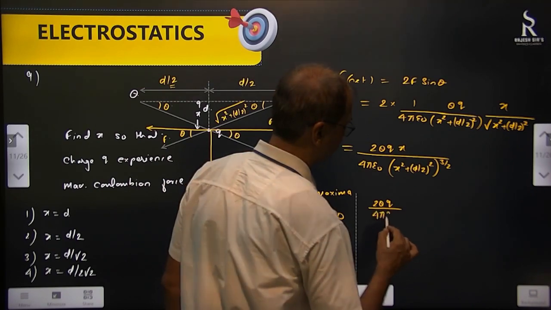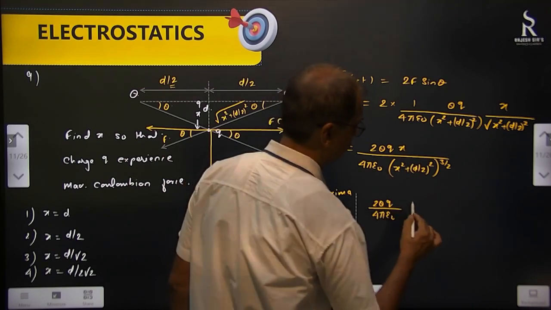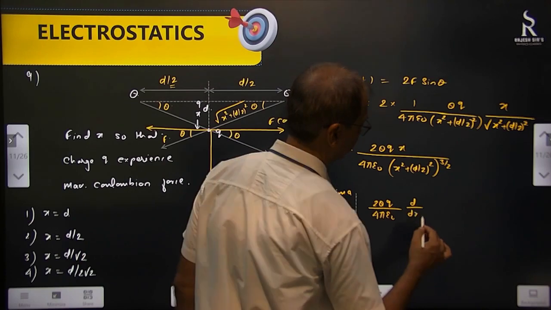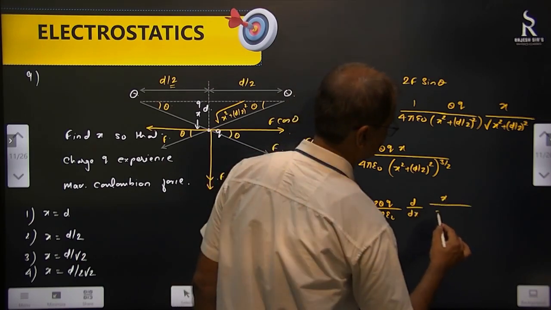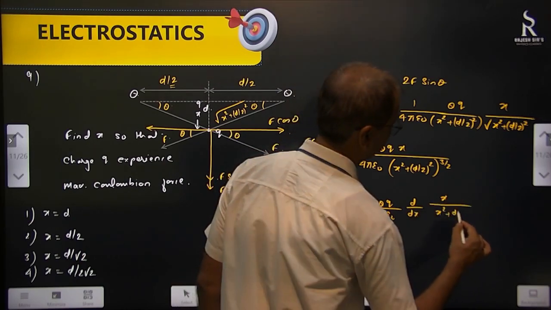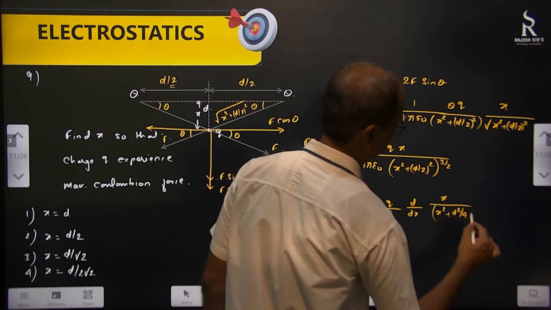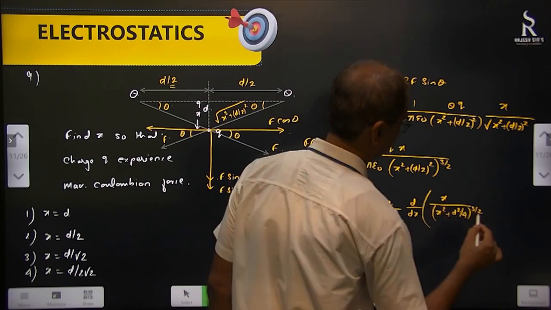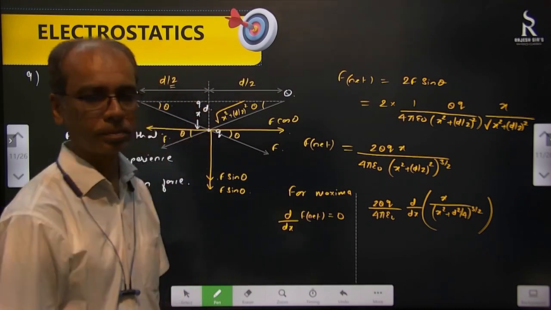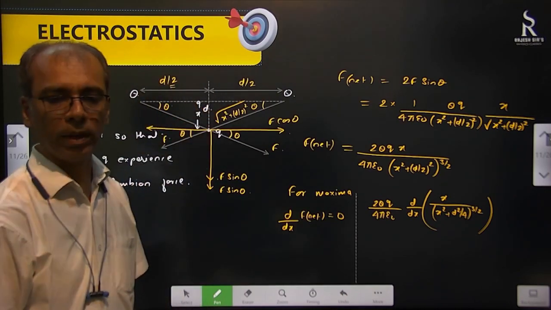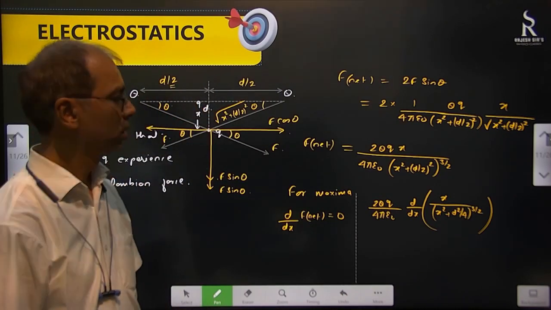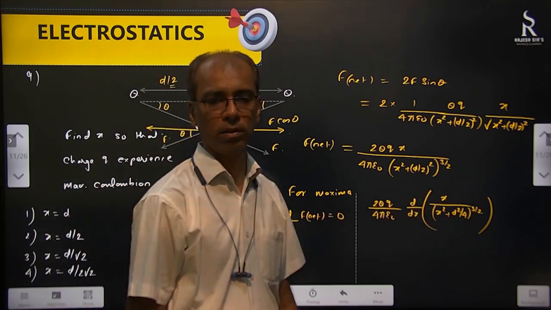Now what are we going to differentiate? This by this. So d by dx of x by x square plus d square by 4 to the power 3 by 2. This is what we are going to differentiate. What will we apply? u by v.